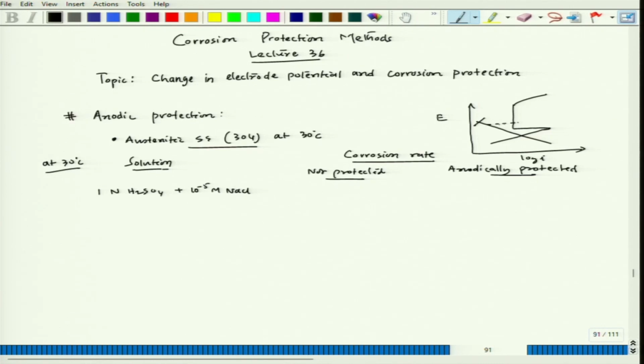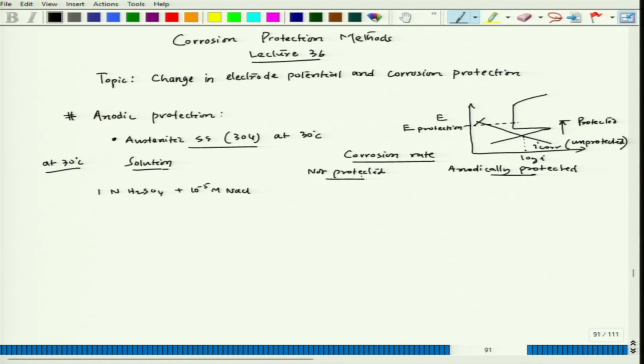so let us say this is my protection potential. Initially, this is my I core, which is like the unprotected system. Unprotected. Now, once it reaches this level, I can say this is protected.